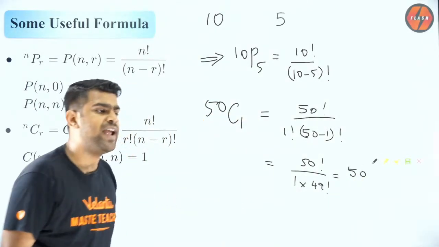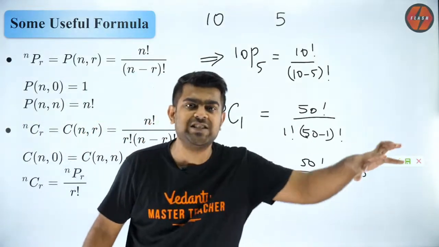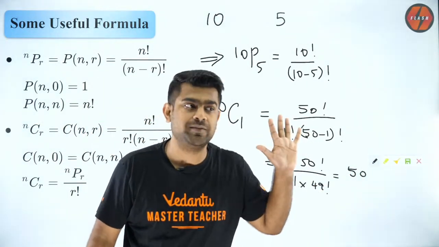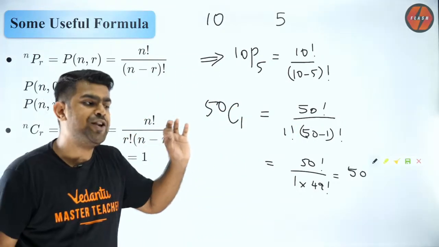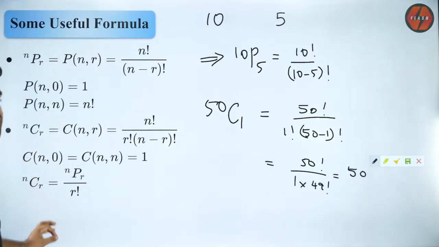So the total number of ways in which I can select one ninja leader from amongst all our ninjas over here is going to be 50. Got it? Are you guys able to understand that? Did you all grasp the formula which I have given here?